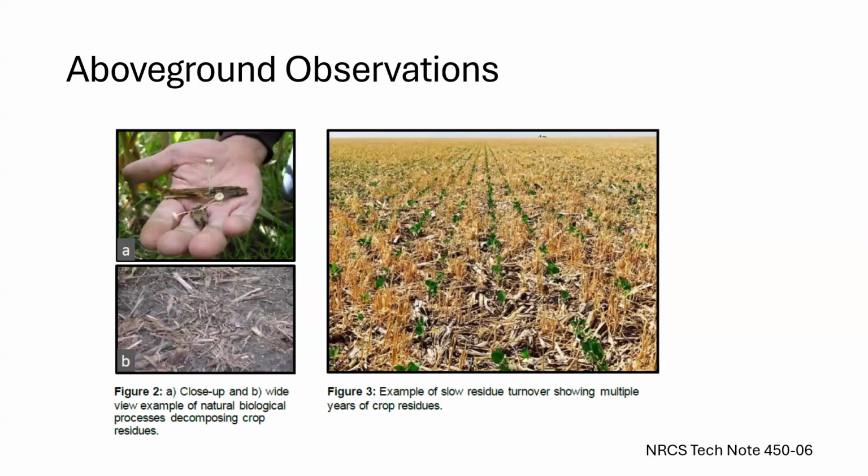So again, above ground observations, really simple things, but you have to take the time to do it and then really connect the dots, right? So you see this wheat and you see this soybean and you see corn. You see 3 years worth of crop material here. If that corn was 3 years ago, that should be gone. Okay, so that should draw up some red flags.